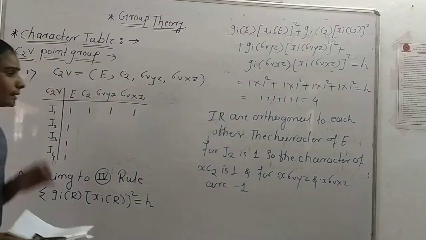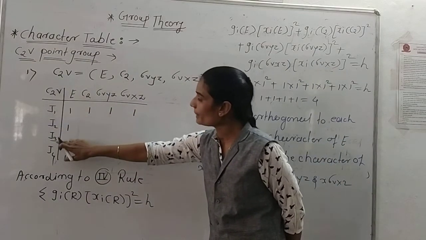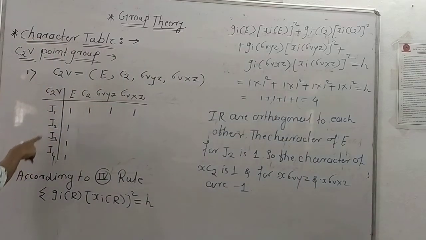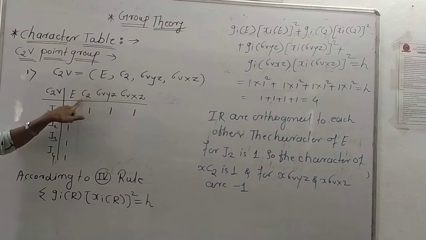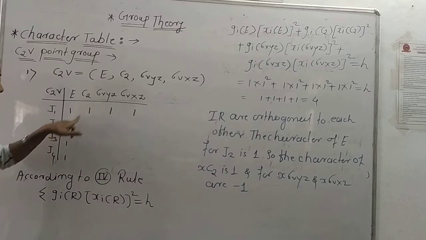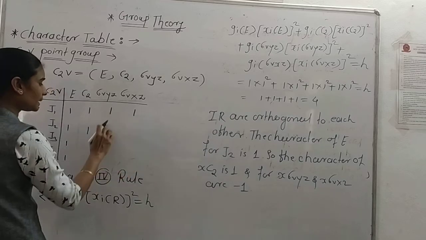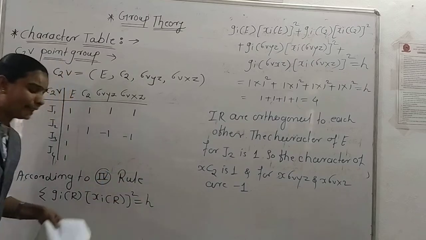For any point group, these irreducible representations are orthogonal with each other. We could calculate it, but there is no need because it is already given that for J2 the character of identity is 1, so for J2 the character of C2 is also 1, and the character of sigma v yz is -1, and sigma v xz is also -1.